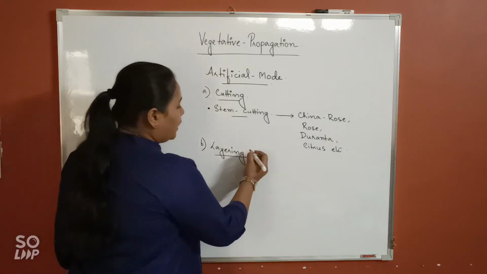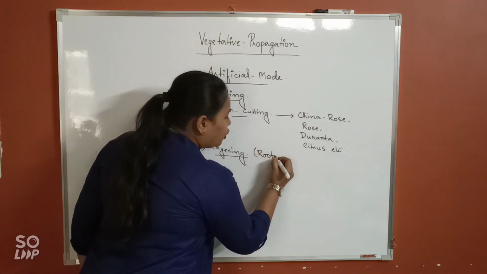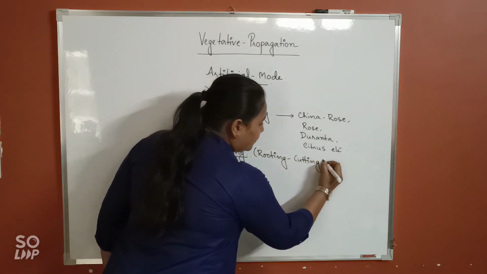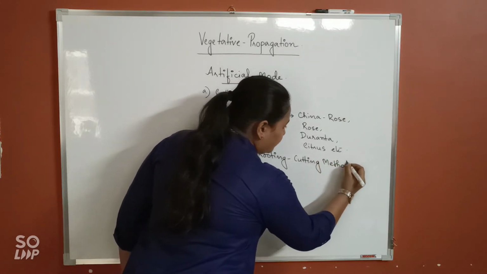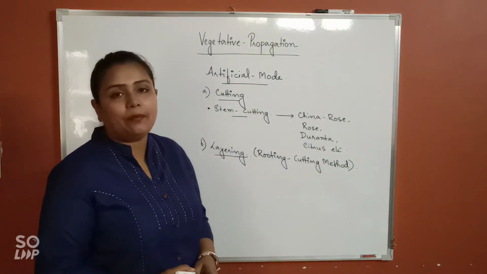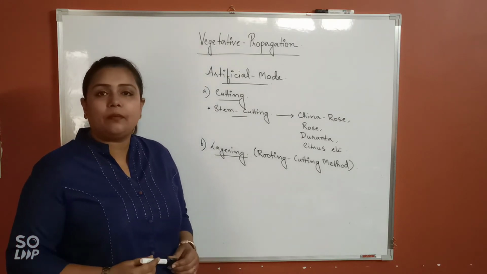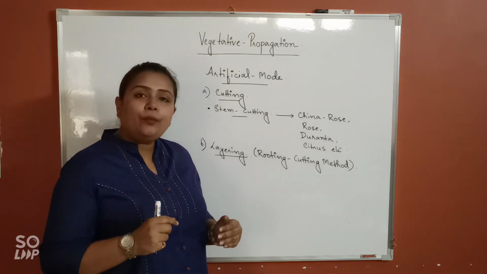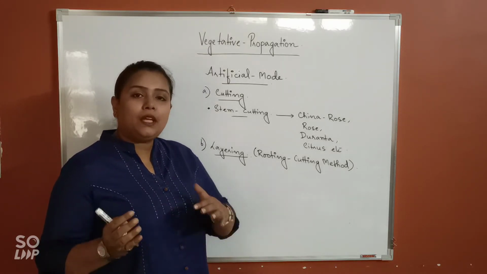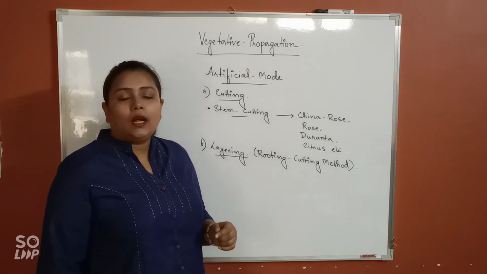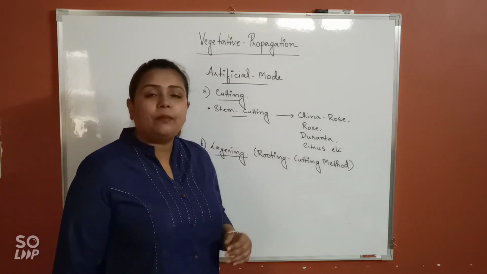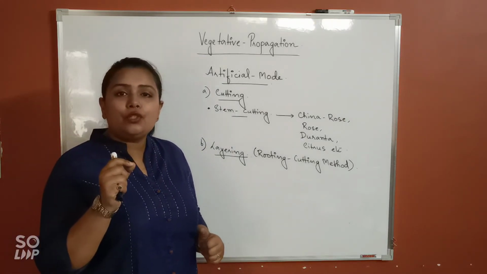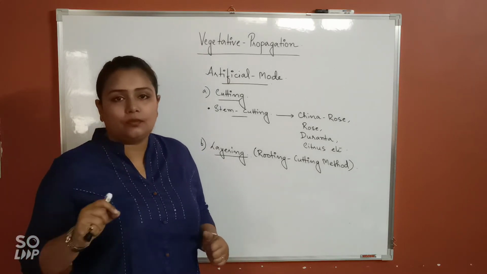Now, moving on to the next form of artificial mode, that is layering. Layering is known as the rooting cutting method. Why is it called the rooting cutting method? That's because in layering, a lowermost branch of the plant body is chosen. A middle part of it is defoliated, that means all the leaves are removed, and then that part is given a minute cut or a wound.